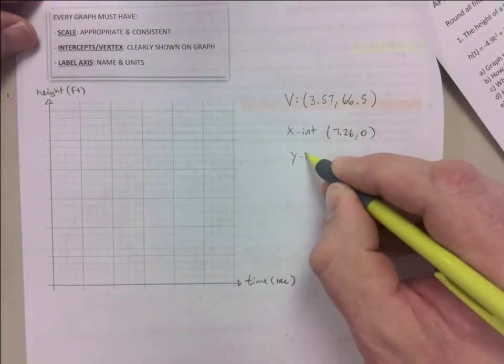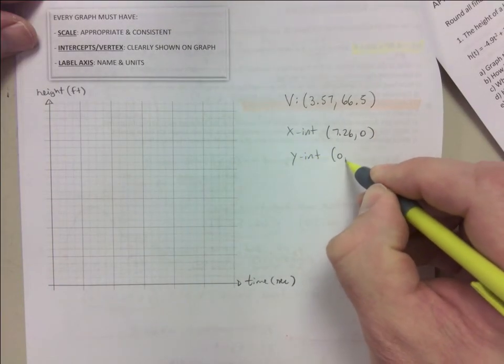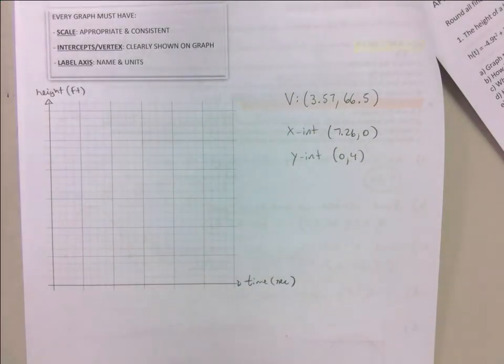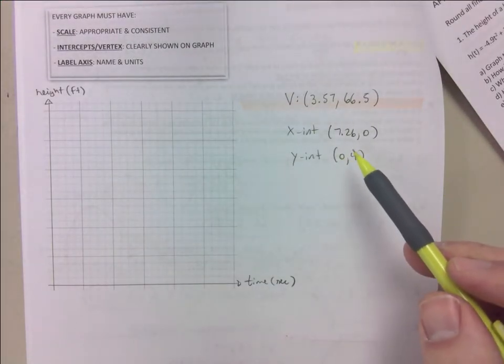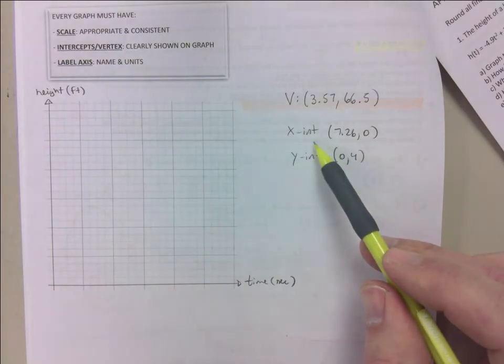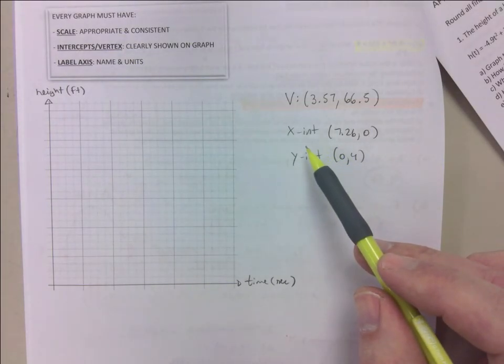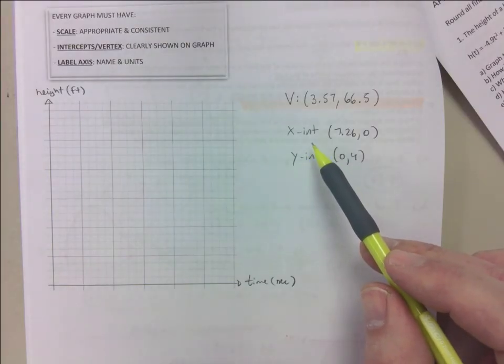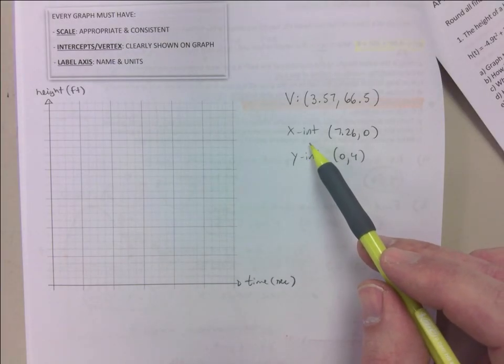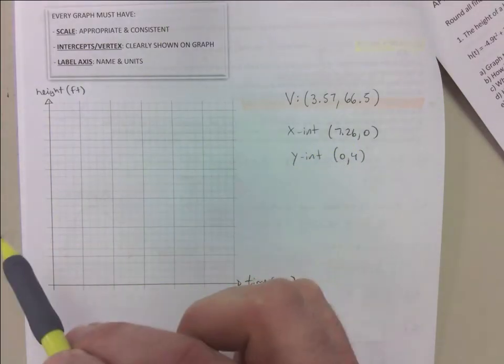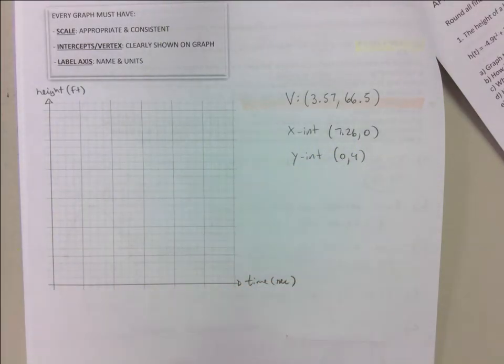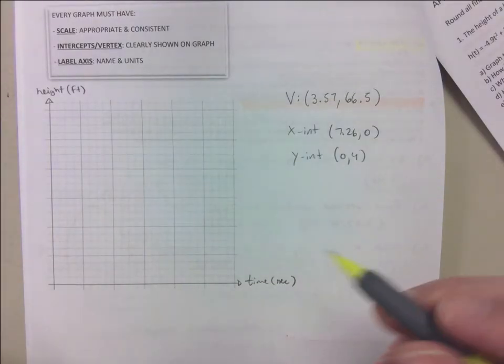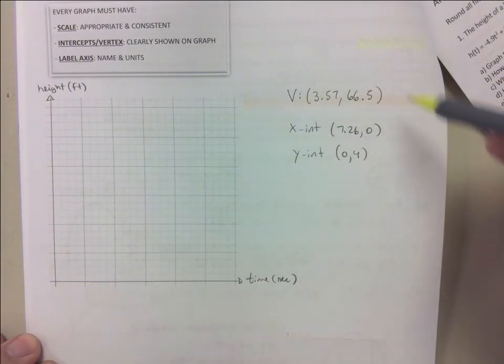The y-intercept is 0.4, so just like before. But Mr. Erickson, remember, we always graphed both x-intercepts. Do you remember that? Yes, I do, but it's a word problem now. The other x-intercept is going into the negative, so we don't care about that one. So this is all we need.